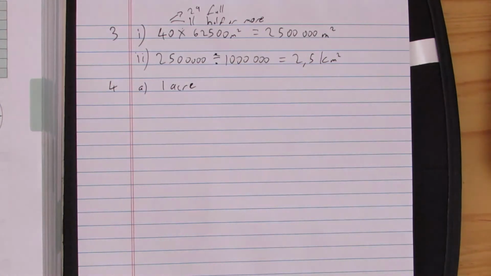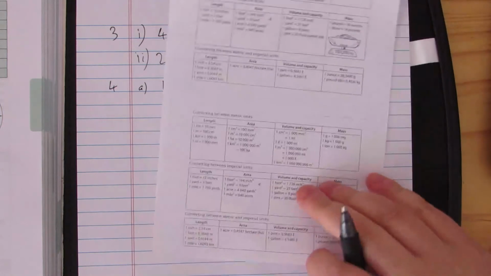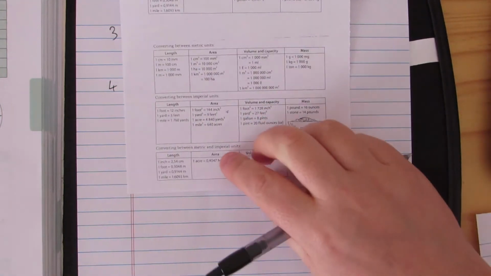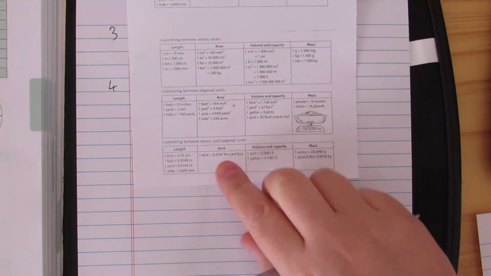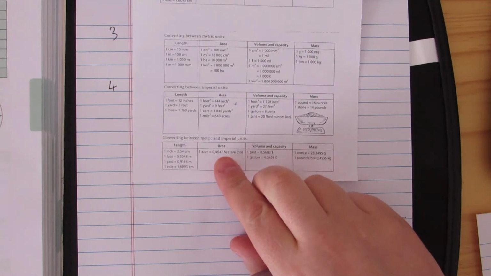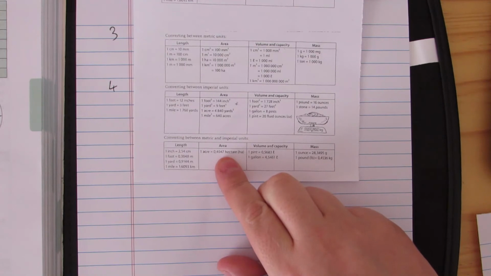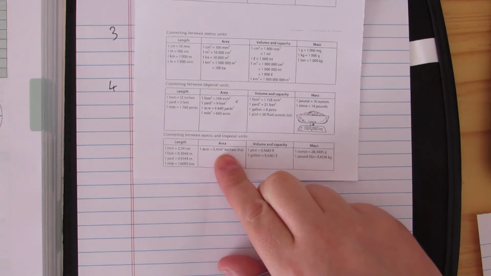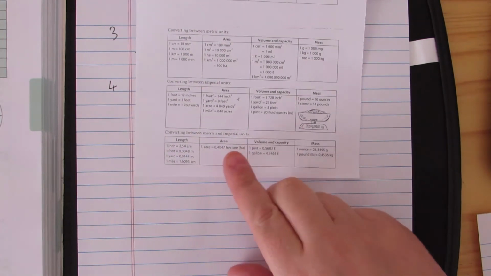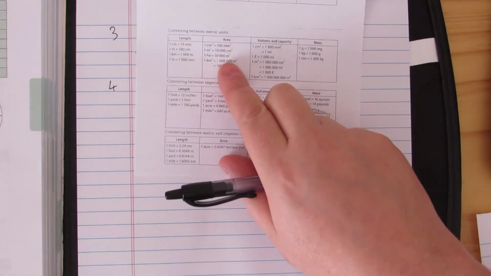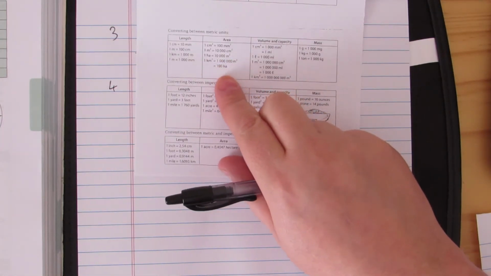Now for this 1 acre, I'm going to use my conversion sheet here again. If I look for acres to some sort of square meterage or square kilometers, I can see that 1 acre is equal to 0,4047 hectare. Alright, and then I can see what the conversion for hectares to square meters is.